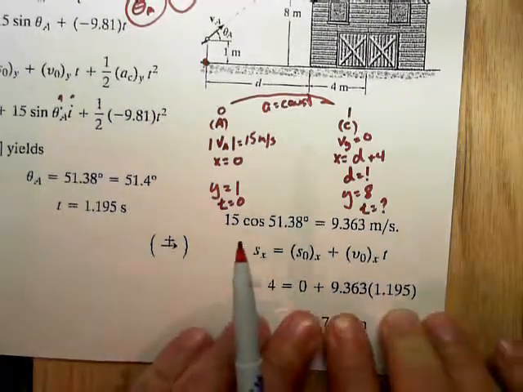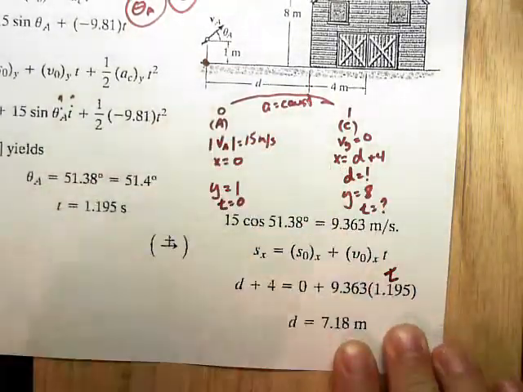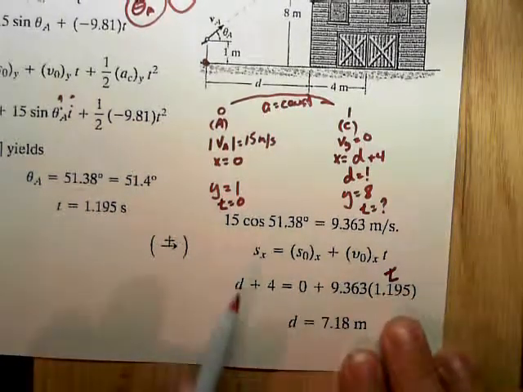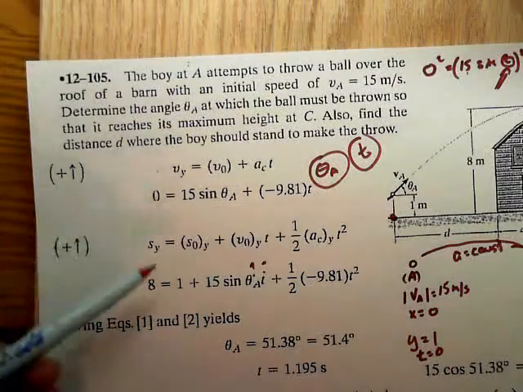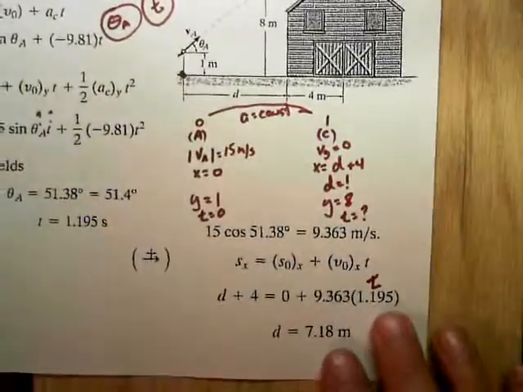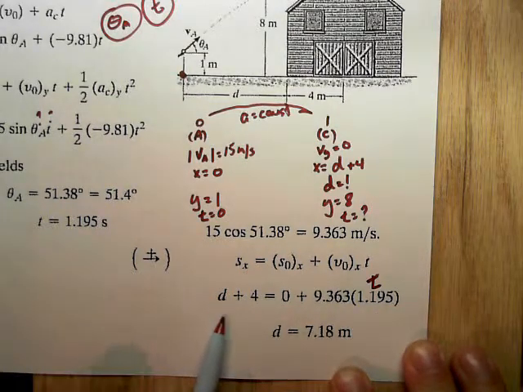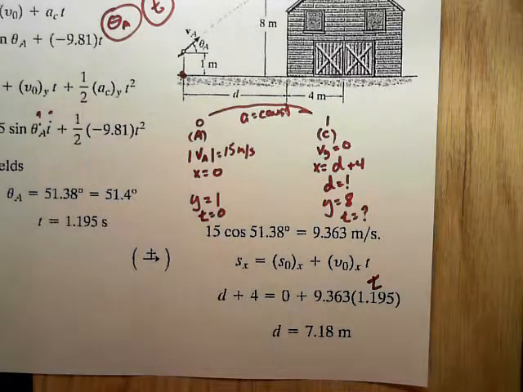Okay, and if we had written this thing initially and simply had time right there, this would have been a 2 equation, 2 unknown problem if we had never solved for time, which would force us to go write another equation, which would bring us back to having written either one of these equations and solve for time. But since we do have time already, we plug it in. Now this is 1 equation, 1 unknown, and the distance away from the barn is 7.18 meters.